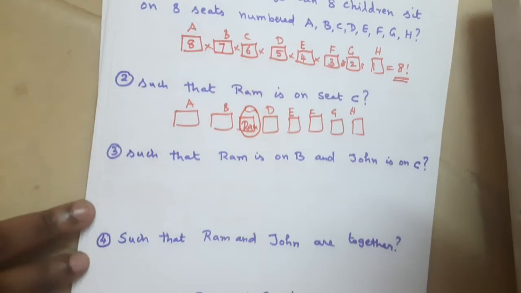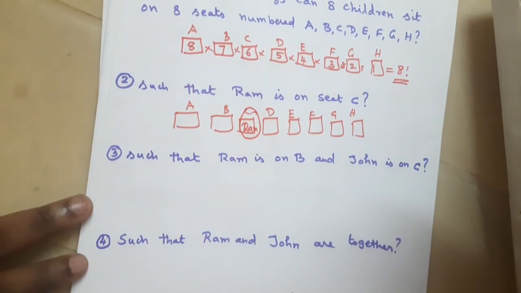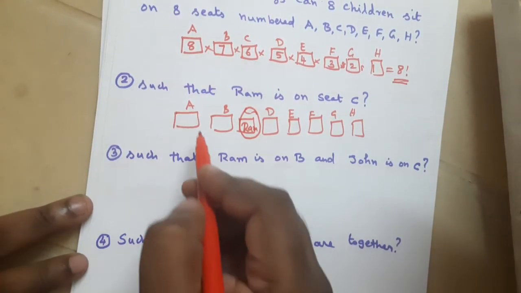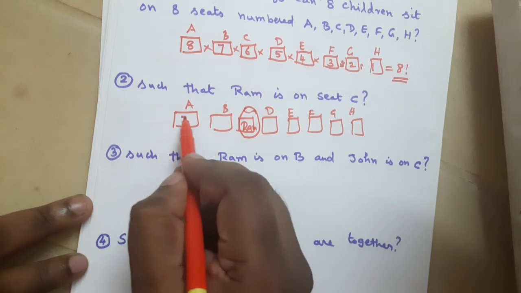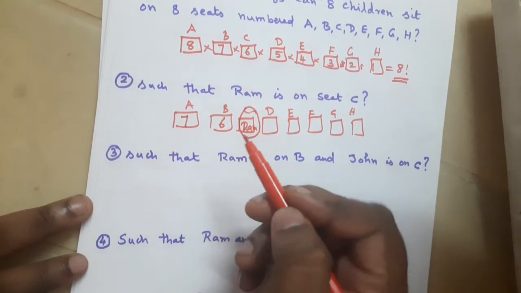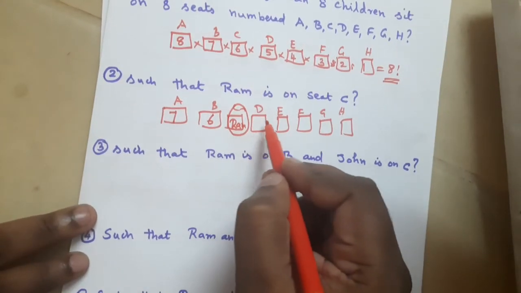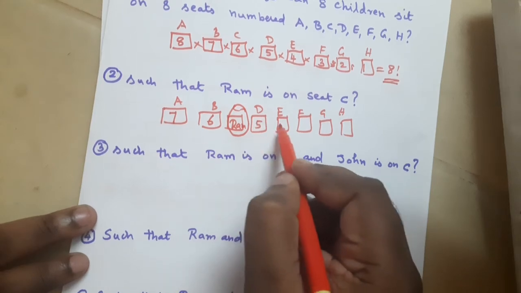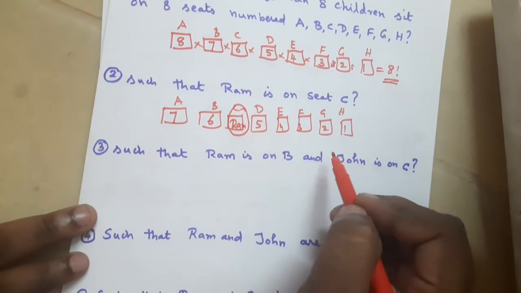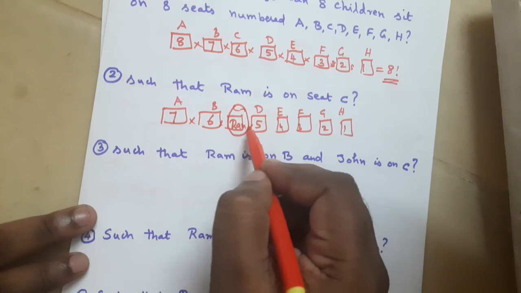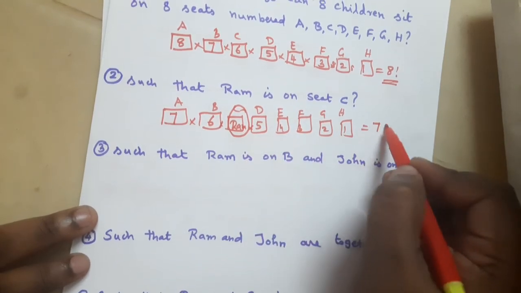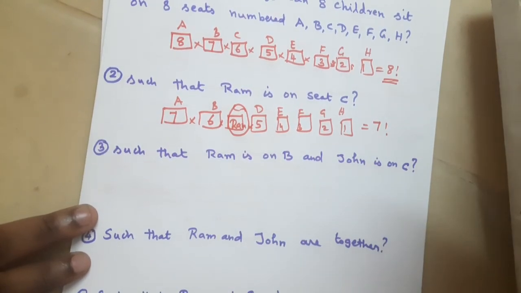This is fixed. So what about the remaining? In seat A, 7 possibilities. In B, 6 possibilities. Then 5, 4, 3, 2, 1. So we multiply, which gives 7 factorial.